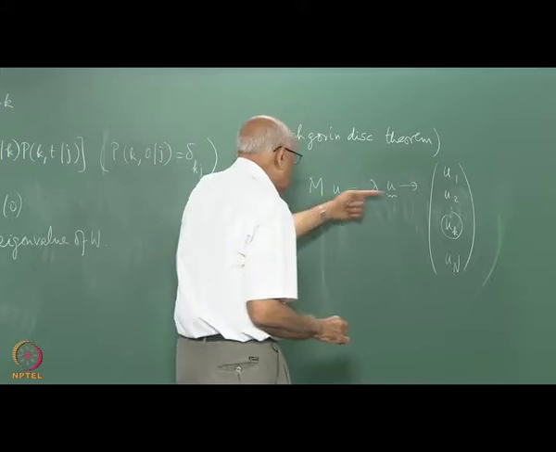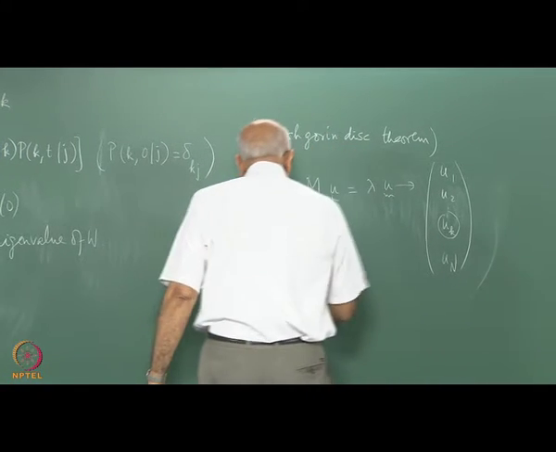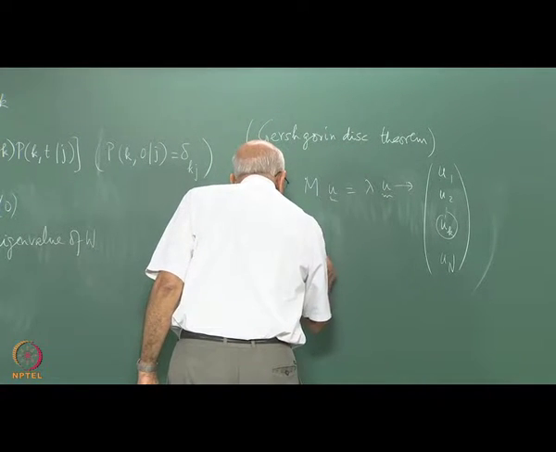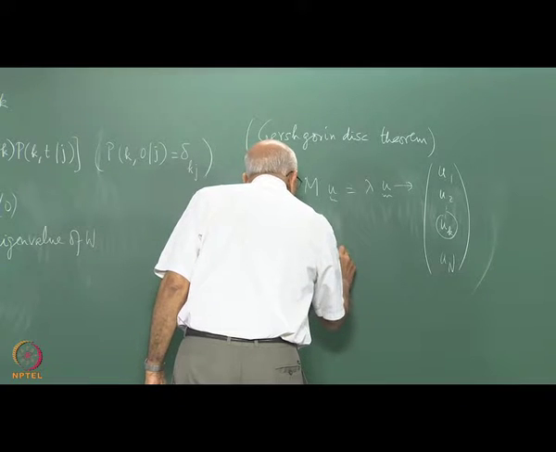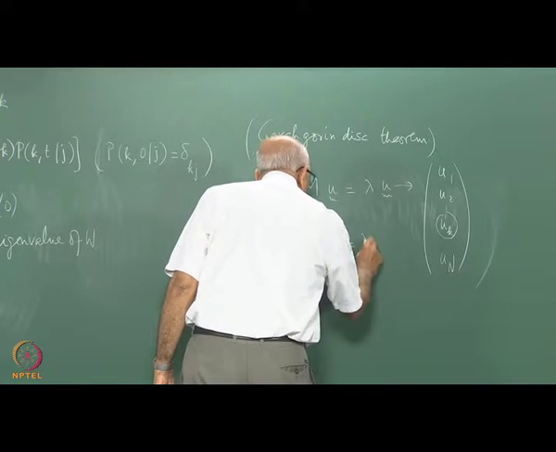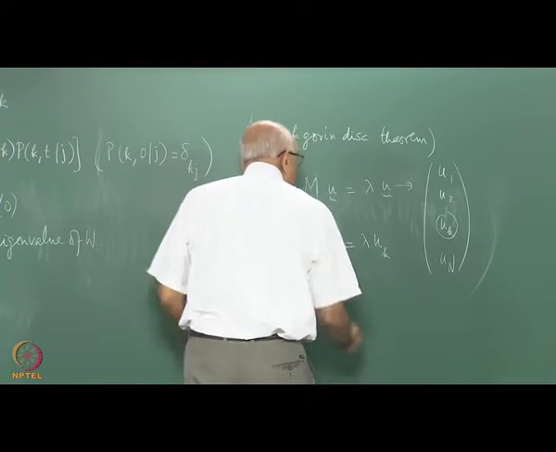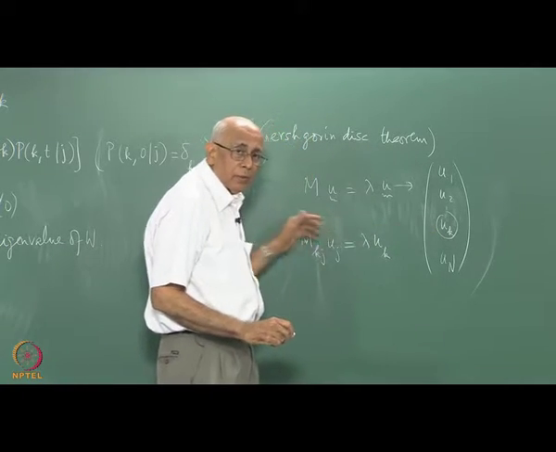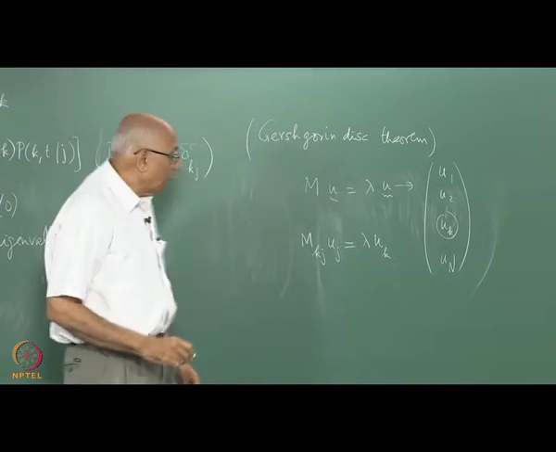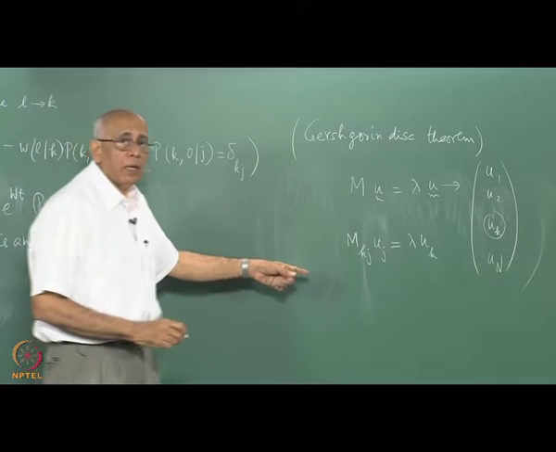Then if you write this element down, it is clear that the sum of M kj uj must be equal to lambda times uk. I write this down for that element out here, and there is a summation over j running from 1 to n.